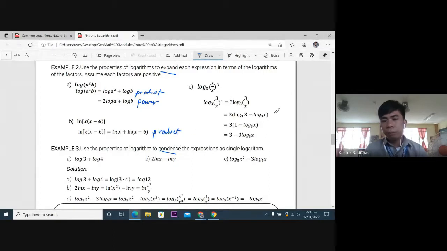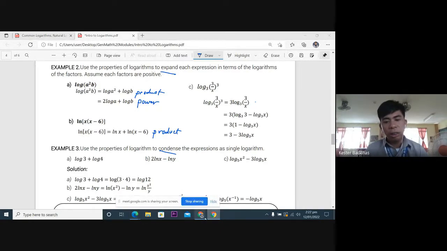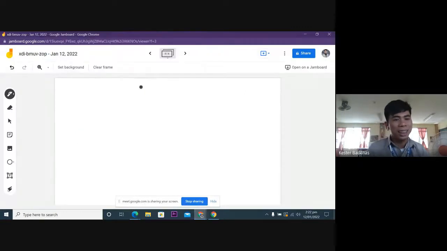Ito, pwedeng quotient, pwedeng product. Quotient muna kasi sa labas eh. Ngayon class, hindi ko gagamitin itong mga examples na to kasi ang dali. Doon tayo sa mahirap, yung pang-assessment. Okay? So doon muna tayo sa expand. Expand the logarithm.